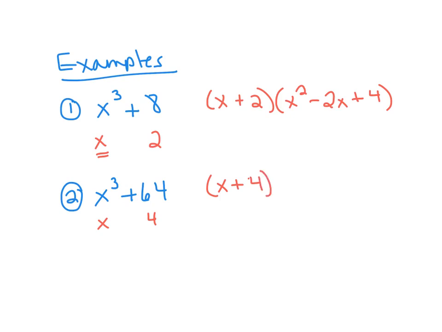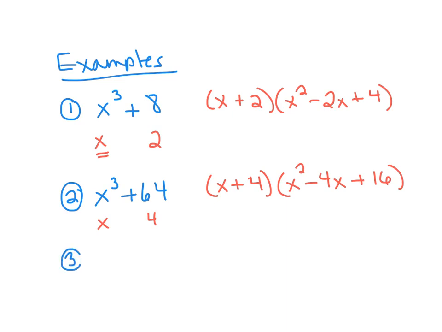Second parenthesis, you square the first term, so x squared. Opposite sign, and then you multiply the first and the second term together, so 4x, always positive, and then you square the last term, 16. And that's your answer.